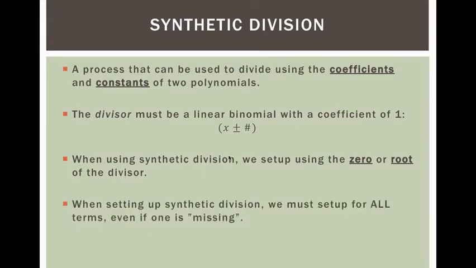And then finally, when we are setting up with synthetic division, we're setting up for all terms, even if one is considered missing. So for example, if your dividend starts with an x to the third power, a cubic term, you have to have a coefficient or a constant for x cubed, x squared, x, and your constant, even if one of those is missing from the actual polynomial.